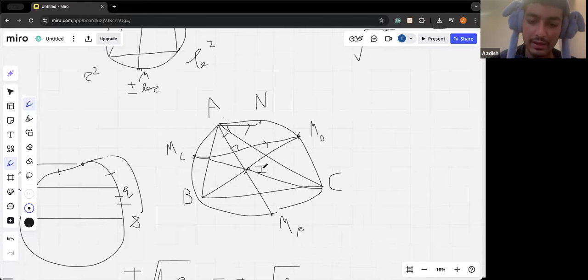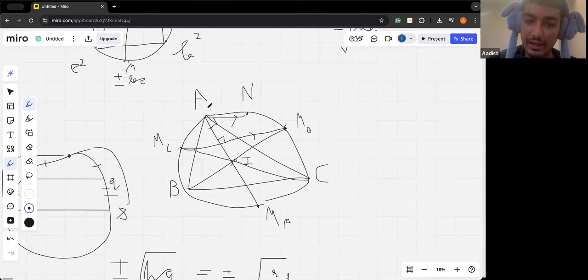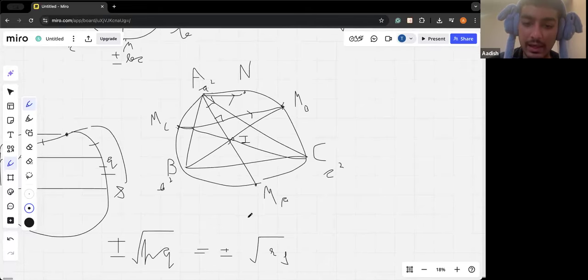So going back here, if we assign A to be a squared, B to be b squared, C to be c squared, then MA will be E1 times BC, where E1 is either plus 1 or minus 1. We don't know which. MB will be E2 times AC, and MC will be E3 times AB.